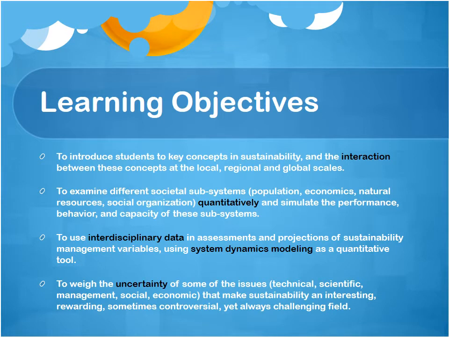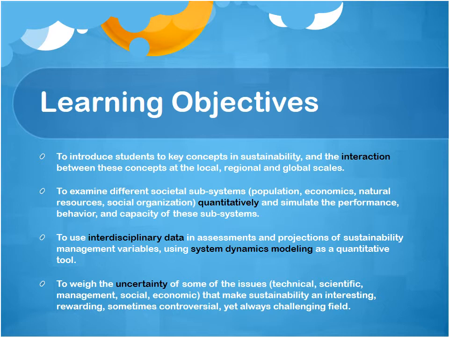I think one piece that hasn't been mentioned and I wanted to emphasize is also to understand the limitations of these models and these tools, not only because of assumptions that we make, but also because there's a lot of uncertainty in the data and in the issues themselves. So again, we're going to be trying to quantify what this uncertainty is.